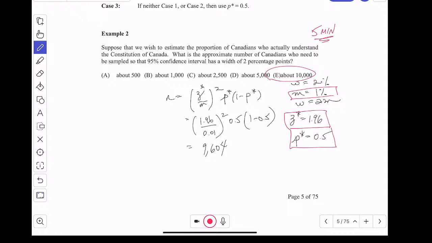What if your options were different? Even if your options are these, you should select the one that rounds up. Why? Because the larger the sample size, the smaller the margin of error, right?